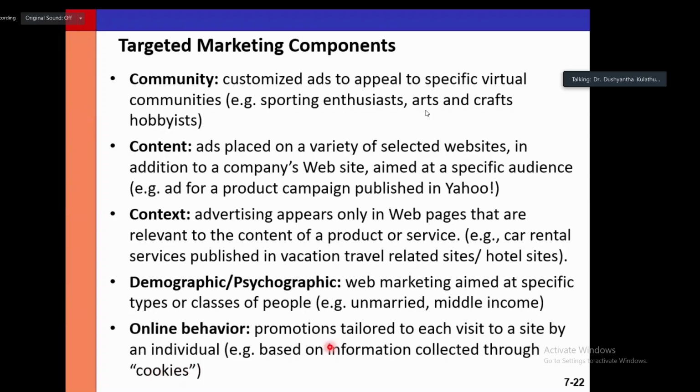So when you visit a particular website, that particular website can identify some of your details, so from where you came, the country that you reside. But depending on the interaction that you make with the particular website, they are capable of identifying some other information, some other behavior related information also.